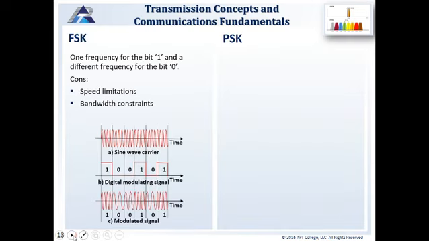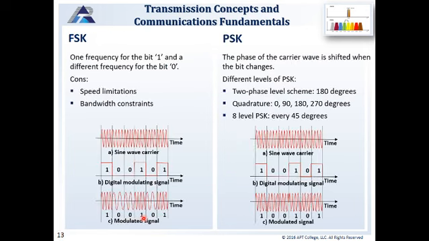Frequency shift and phase shift keying. One frequency for the 1 bit and a different frequency for the bit 0. So you can see here we have our carrier sine wave or carrier signal, and then here we have our modulated signal. For a 1, our signal remains unchanged, and for a 0, we're decreasing the frequency of that signal.